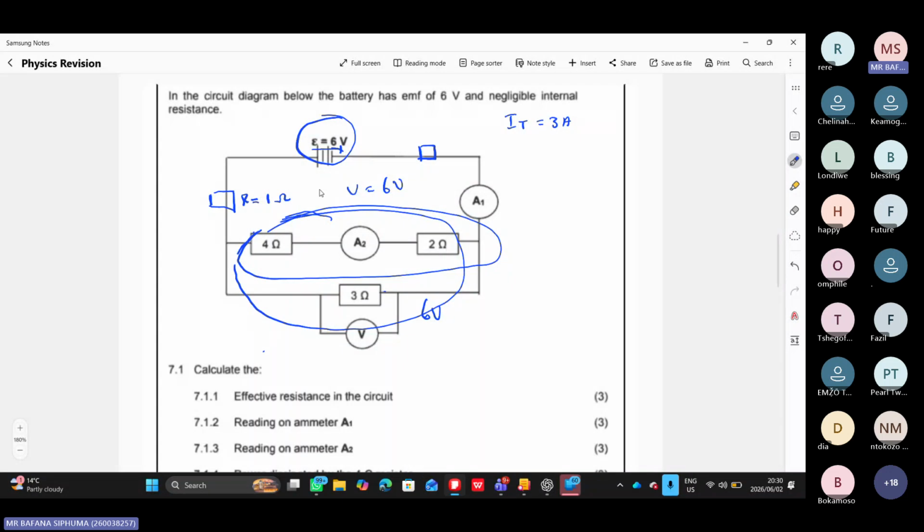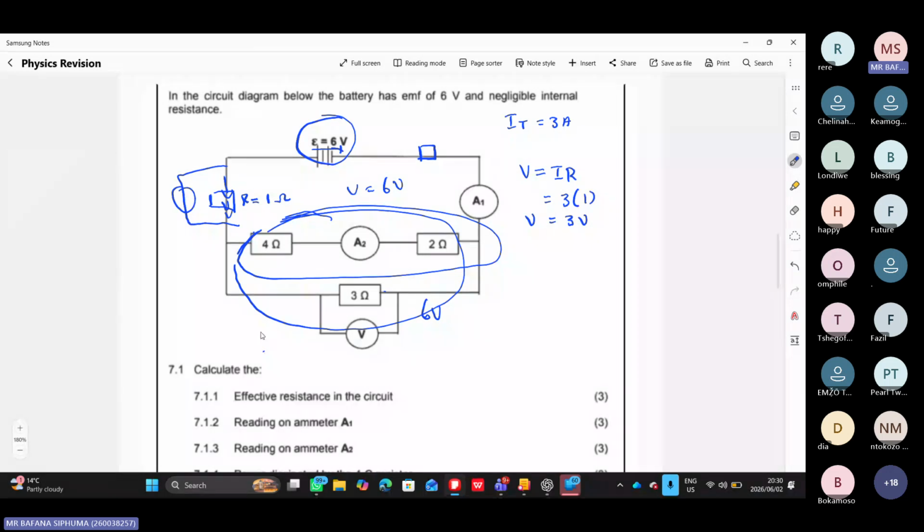So to find the voltage, you say V is equal to IR, right? And what is your current? Your current is 3, because this one receives the total current. Don't forget that. Then multiply by what? What is the resistance? 1. So you have 3V. That is the voltage of that resistance there.